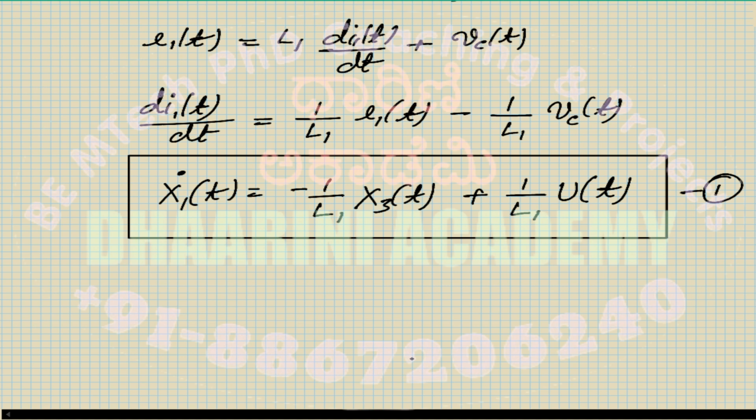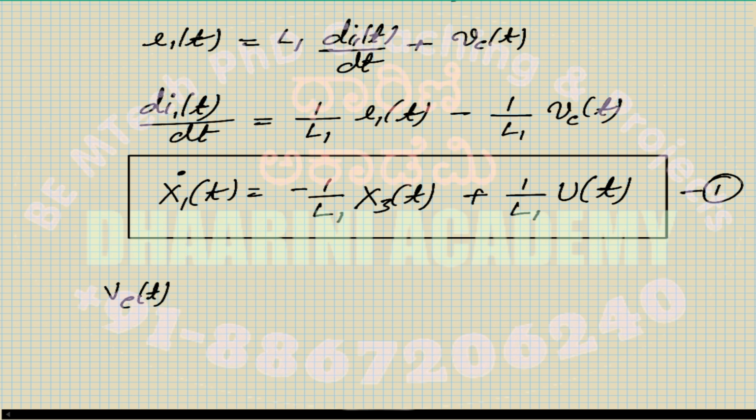Now we write the loop equation for the second loop. They have given a sign: Vc of t is positive for the upper plate of the capacitor and negative for the lower plate. Moving around the loop in that direction, it is minus to plus, so that is positive: plus Vc of t.